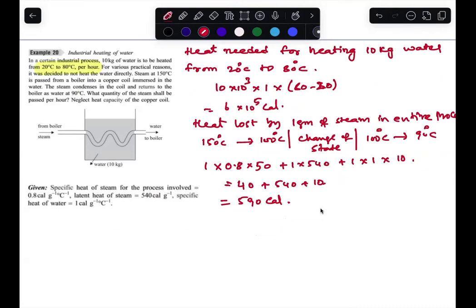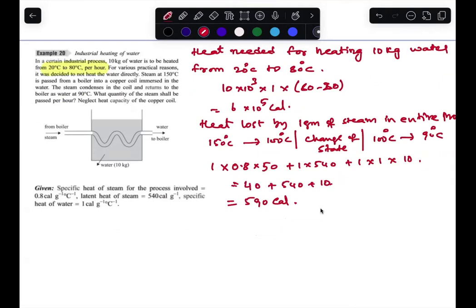Let us now bring time into the picture. So in 1 hour, what mass is required? You want this much, divided by 590, because per gram in an hour it is required.